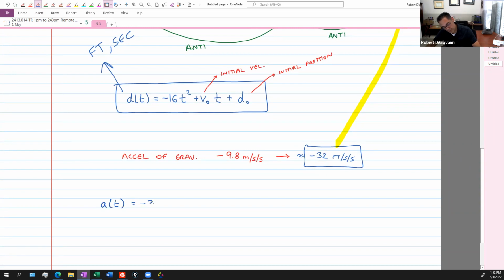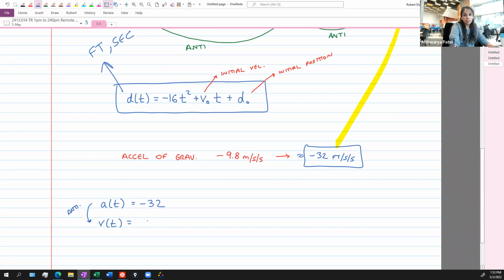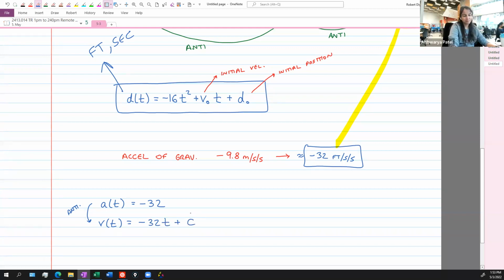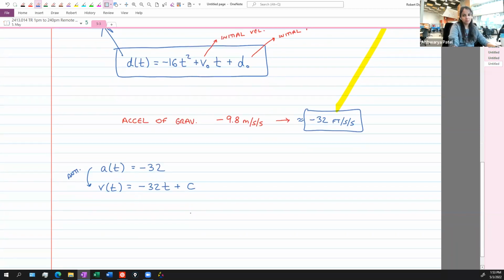It is -32. Can you then tell me what the velocity function is? Sure, just go backwards. Do the antiderivative. What's the antiderivative of this? -32t plus some c. I don't know what c is.